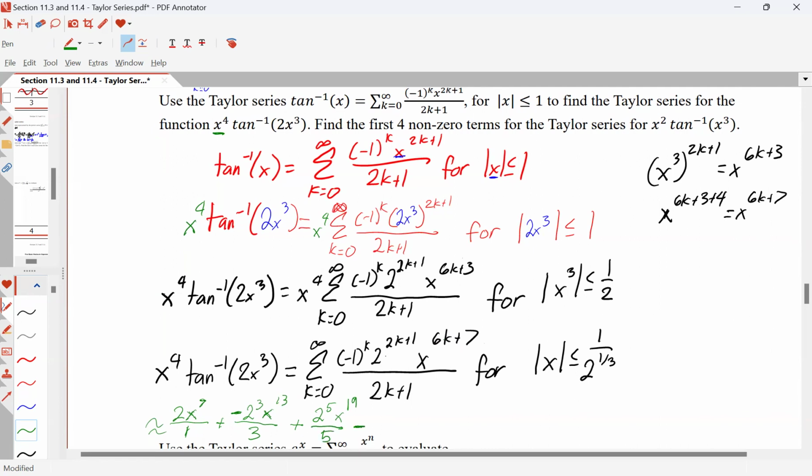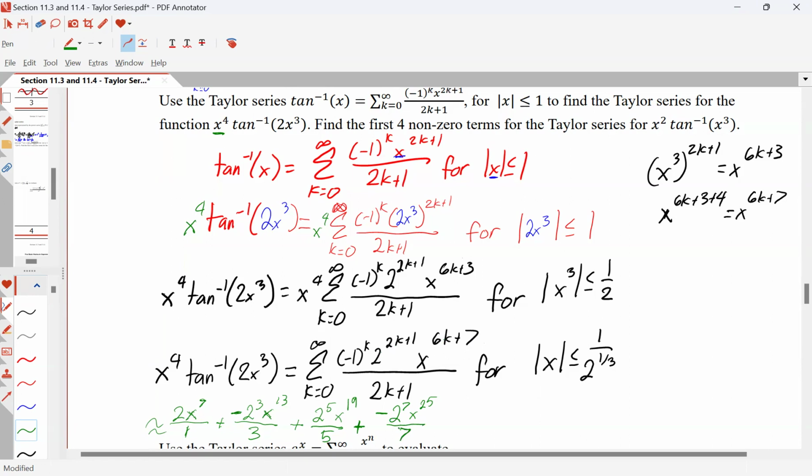And the last term, when k equals 3, we'd have negative 1 cubed. So that would be minus 2 to the 2 times 3 plus 1, that's 2 to the 7th, x to the 6 times 3, 18, plus 7, is 25, all over 7.